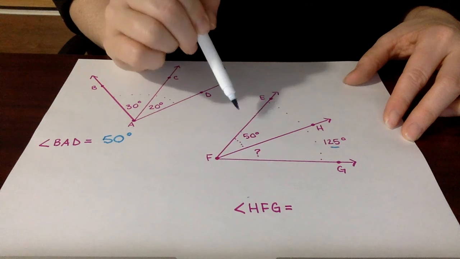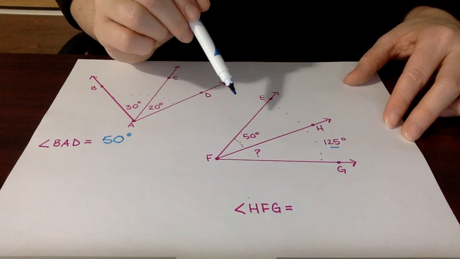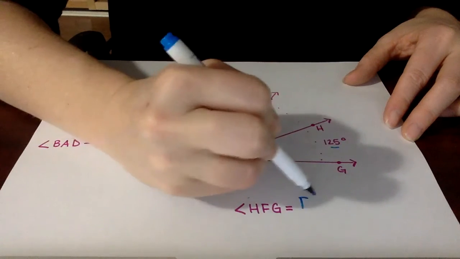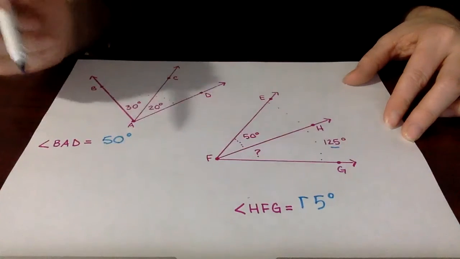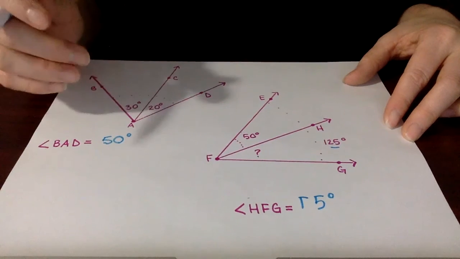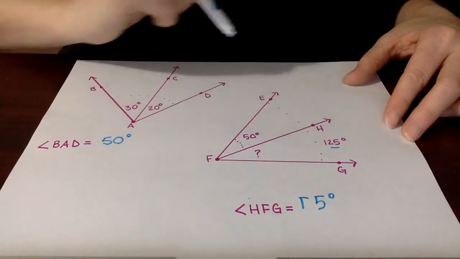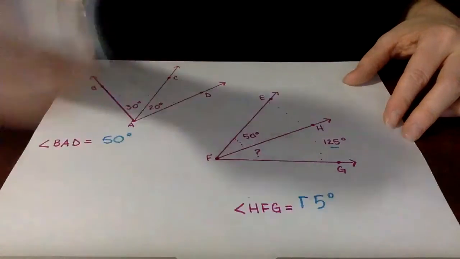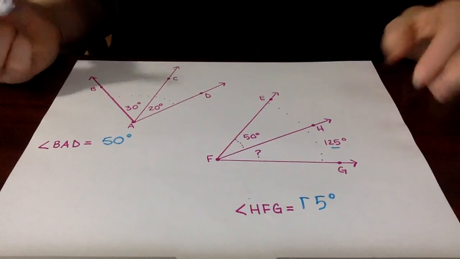If you think about it in quarters, you could probably do that one in your head. 125 minus a quarter is 100, minus another quarter is 75. So angle HFG equals 75 degrees. Did I draw my 7 backwards? I can't tell. Maybe I did. I did. Well, you guys can't. I'm going to get this recording thing someday.